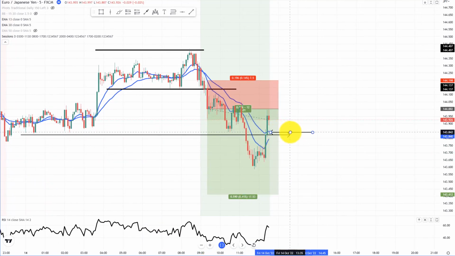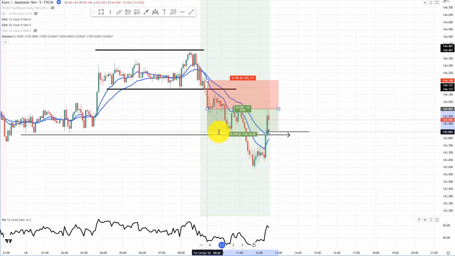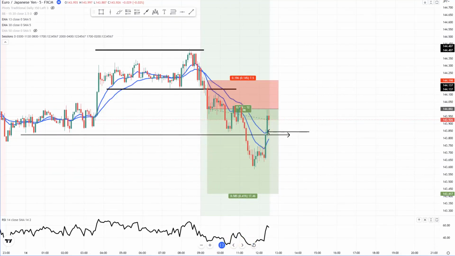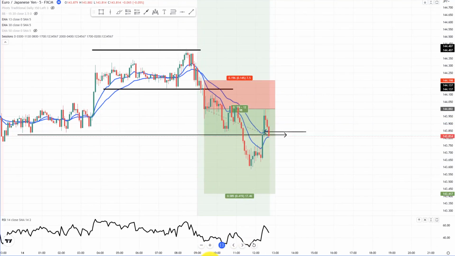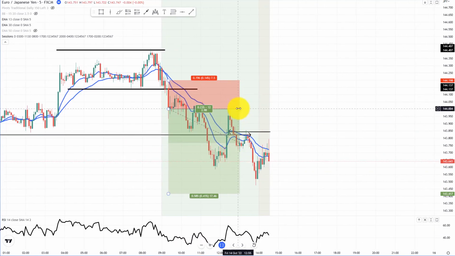Oops, this one has been hit too, at 0.8. This one has not, the first one doesn't have a stop approach. So just ride or die.